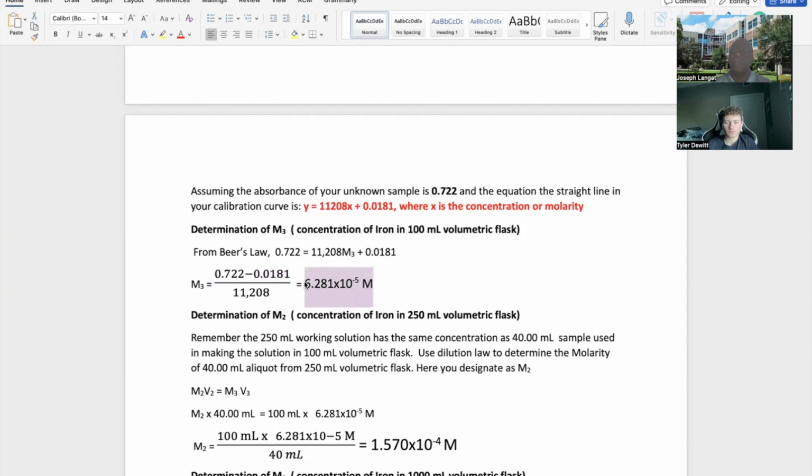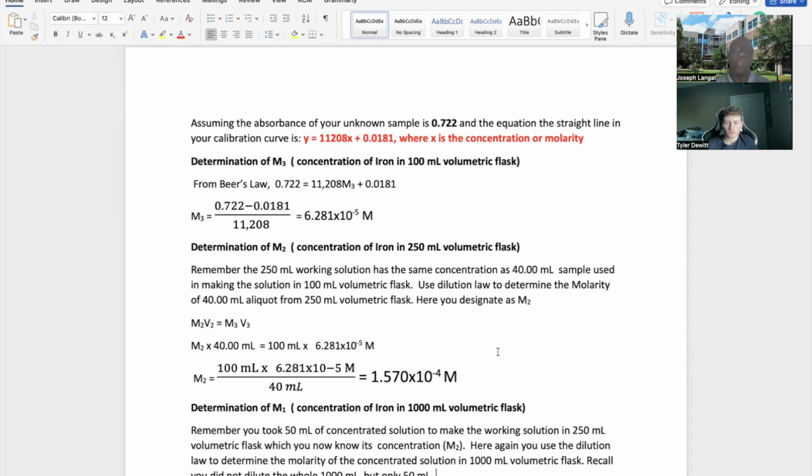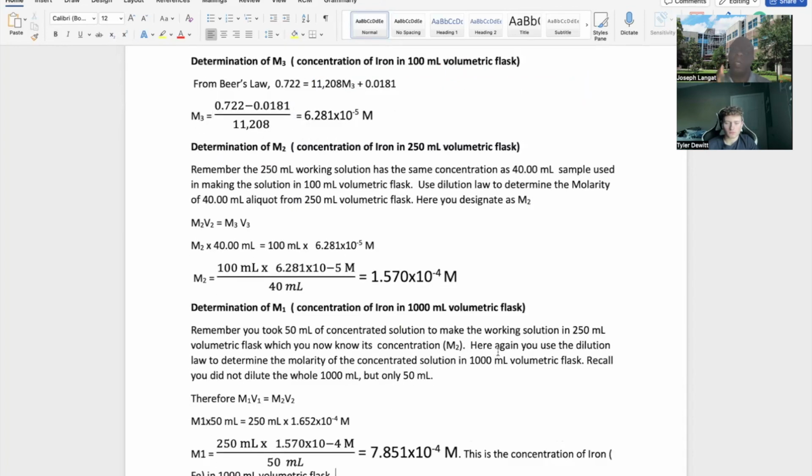So the next step is to find M2. You're going to follow this example. It's worked out online, and you should have a handout for this document I gave you, right? Yeah, I have that document. So after getting M3 from the absorbance values, you now use the dilution law, but you are now labeling it as M2V2 = M3V3, so that you use the information you have for M3 to find the molarity M2.